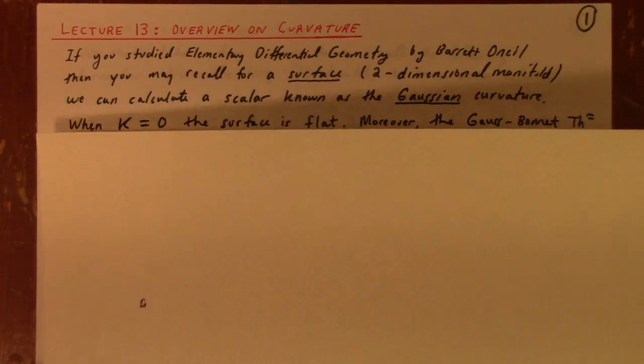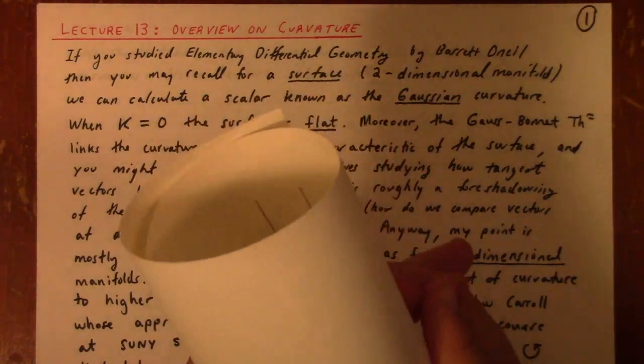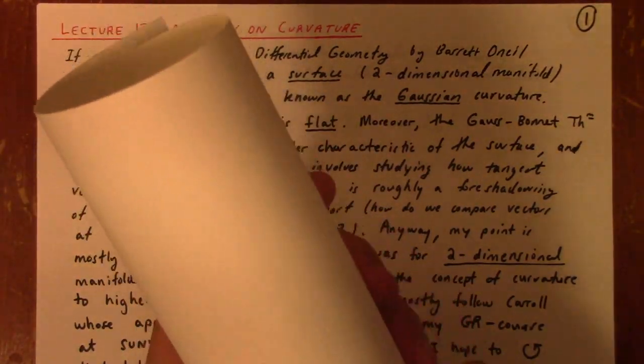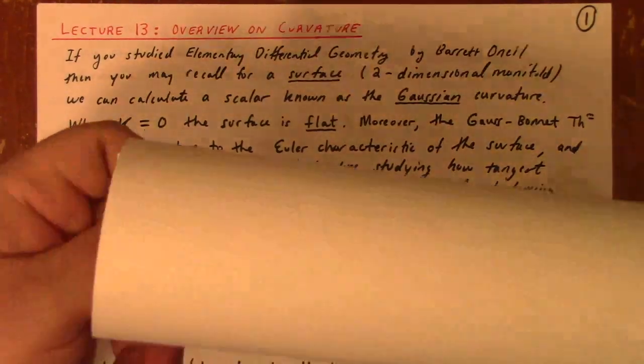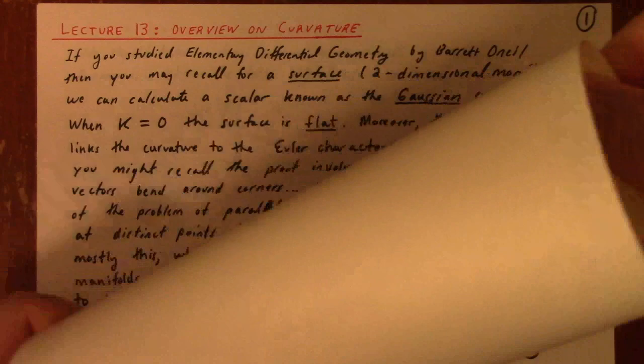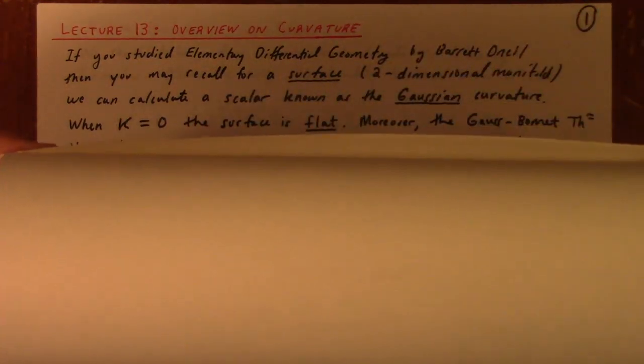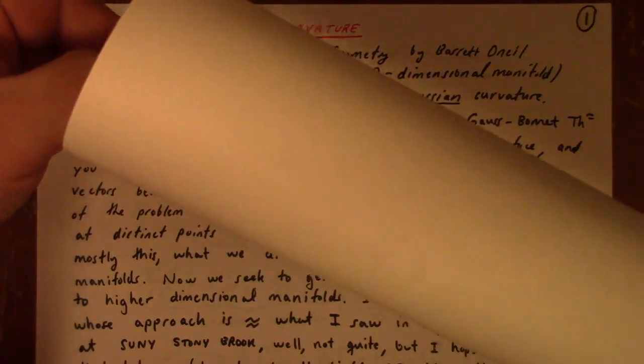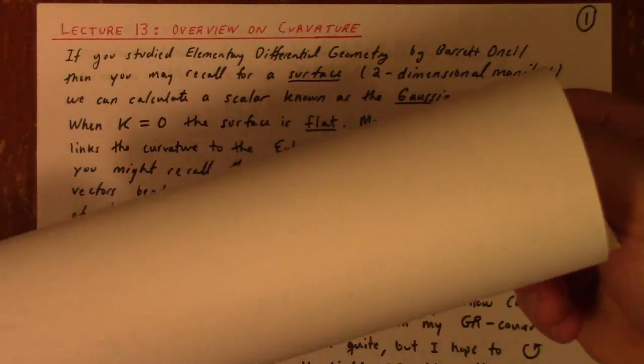So for example, if you have this surface here, even though extrinsically speaking you can see that it's curved, from the perspective of Gaussian curvature this would be a flat surface.